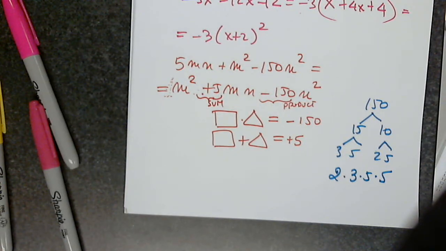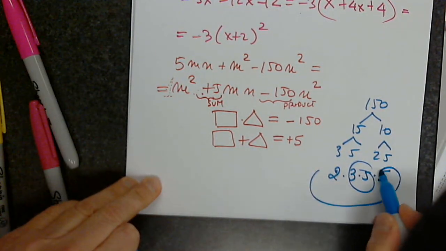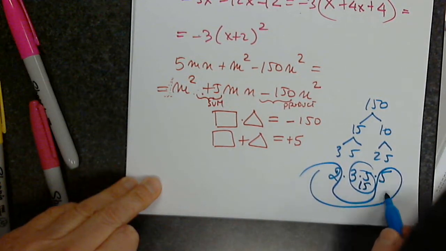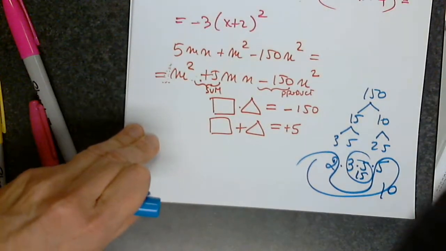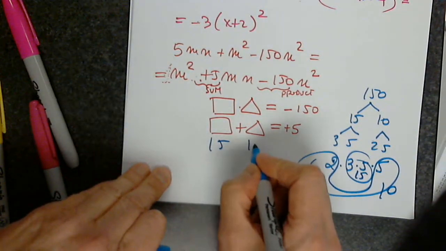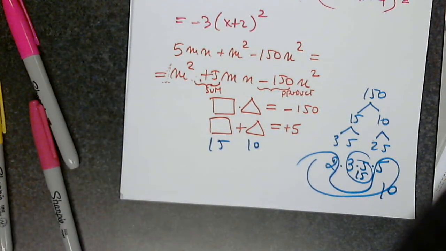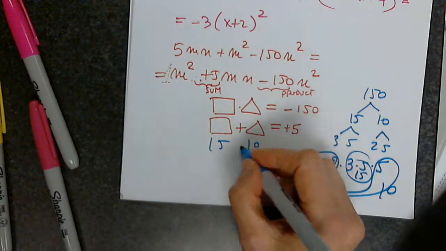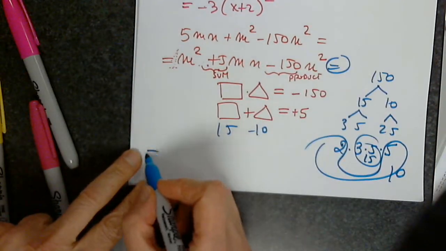Can I find two numbers? Very good. Indeed, 15 and 10. So 15 and 10, and one of them must be negative because the product is negative 150. But since the sum is positive 5, which one is negative? Very good. So now I have the factored form.